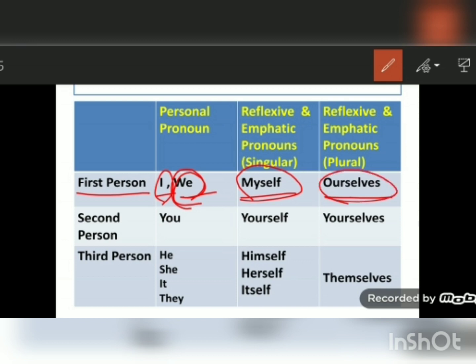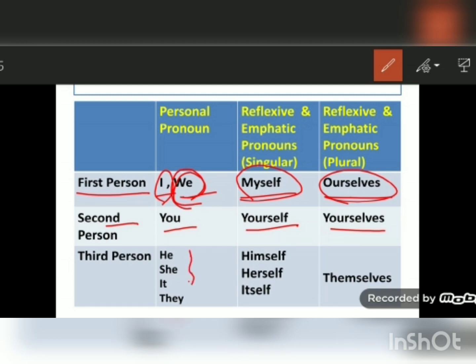Next is second person, you. If you is the personal pronoun, then reflexive and emphatic pronouns will be yourself in singular and yourselves in plural. Third person, he, she, it. These are singular.